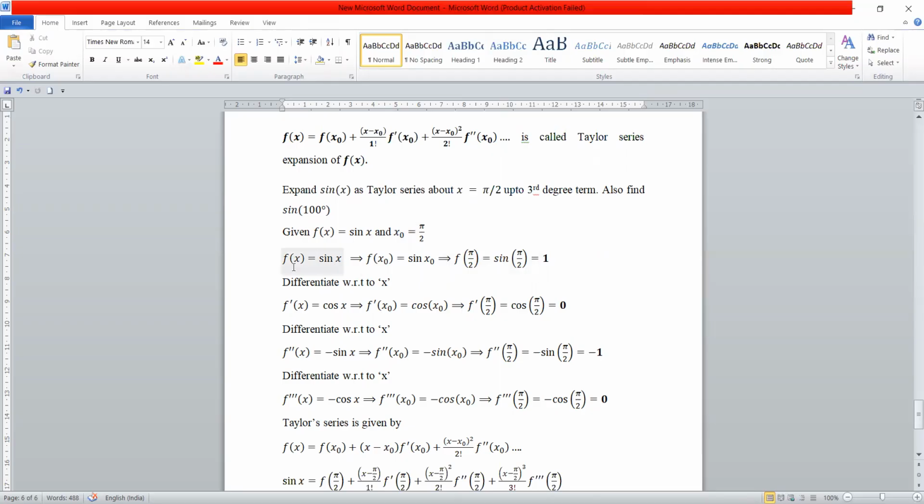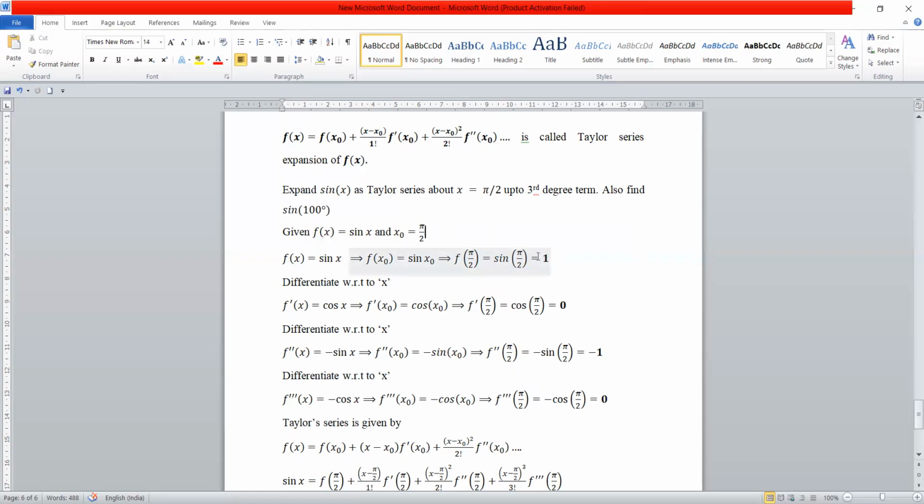So consider f of x is equal to sine x. We'll find the function value at the initial value. What is the function value at x naught? So let us change this x to x naught. F of x naught is equal to sine x naught, and assign x naught value pi by 2. F of pi by 2 is equal to sine pi by 2.